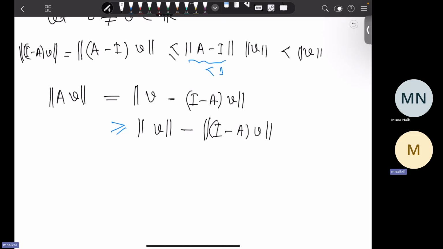See, the norm of (I minus A)V is strictly less than the norm of V. So this is strictly greater than 0.